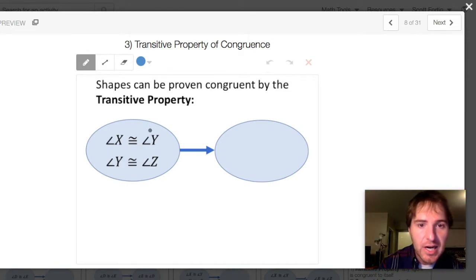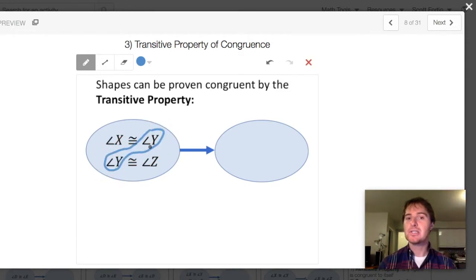What do I mean by equal values? Well, check it out here. We got angle Y mentioned here in two different statements of congruency. So what we can say about this is that if angle X is congruent to angle Y, and angle Y is congruent to angle Z, see here, angle Y equals two different things. So what's the thing that we can deduce, or at least this is actually an agreement, transitive property.